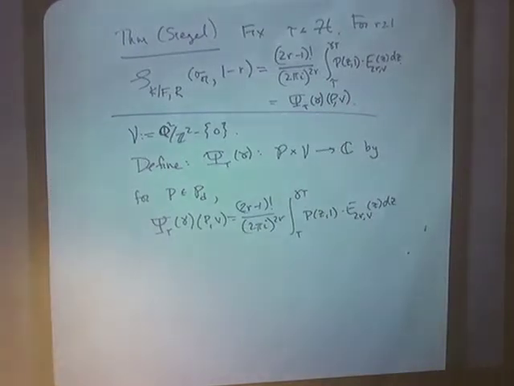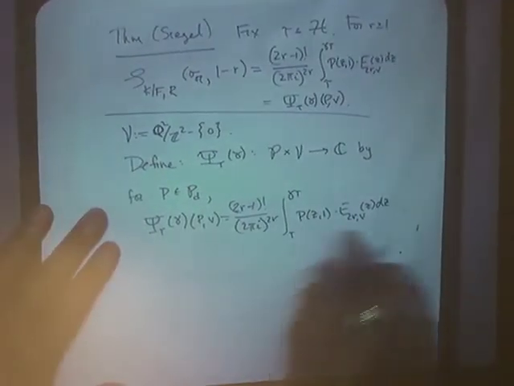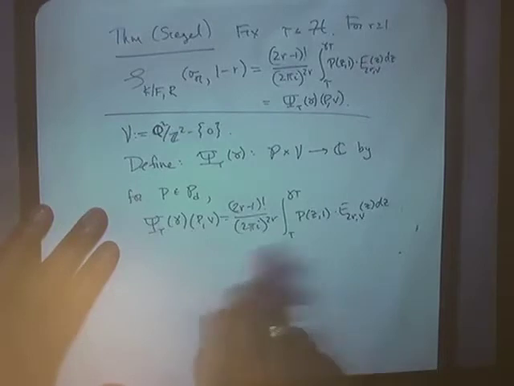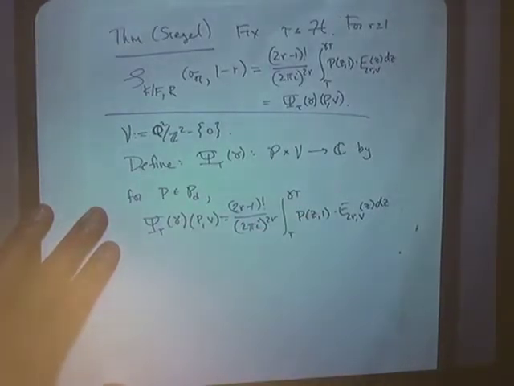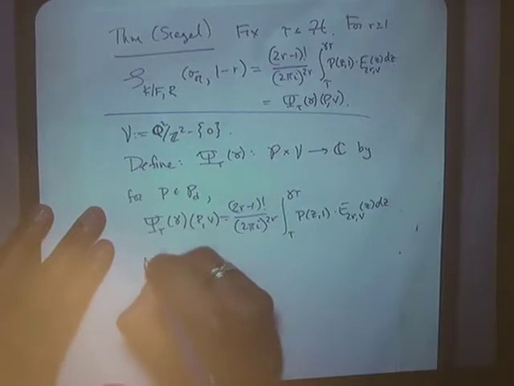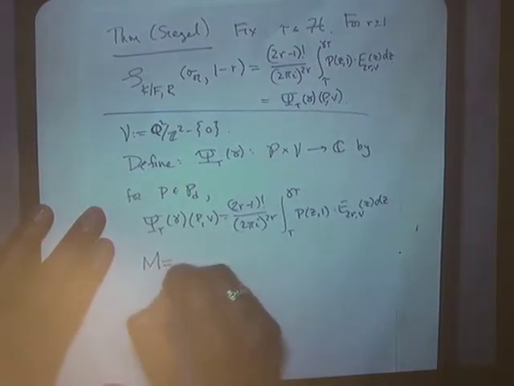Now I'm not taking these special p and v, so it's not necessarily true that it doesn't depend on the choice of tau. This will depend on the choice of tau. But how does it depend? We're going to define a certain module.